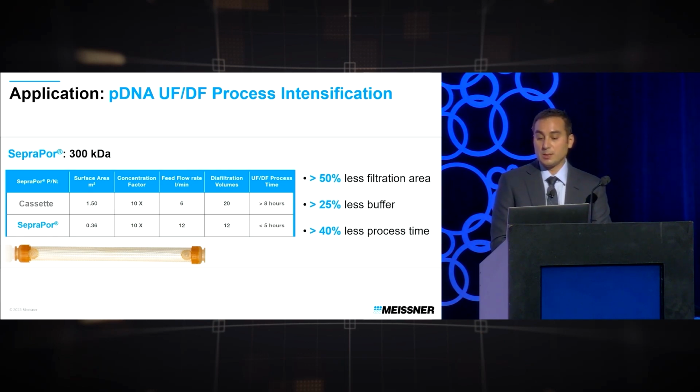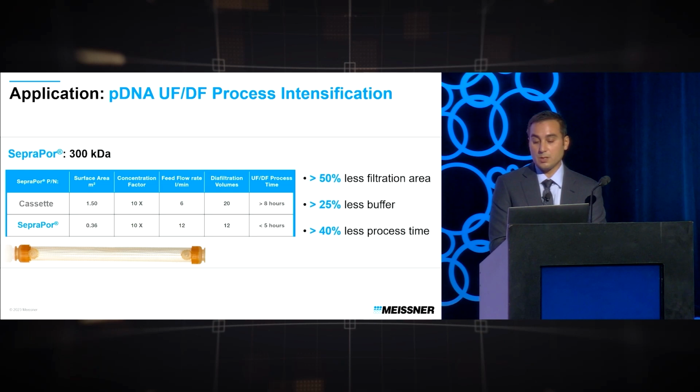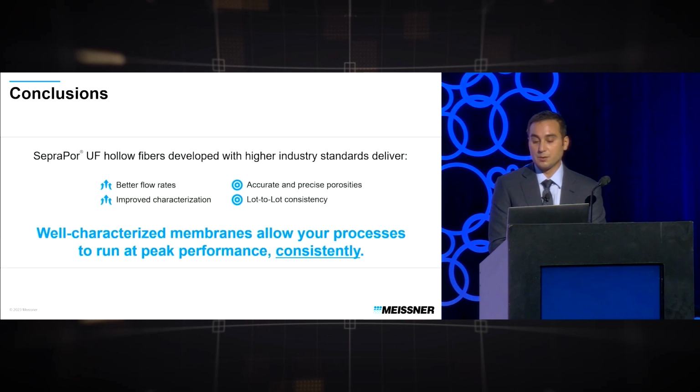So we can see that using SepRapport, with much lower surface area, operated at double the flow rate of a cassette, reduced the amount of diafiltration volumes, and reduced also the processing time to below 5 hours in comparison to 8 hours. So overall, we saw that using SepRapport allowed us to reduce the filter surface area by over 50%, allowed greater than 25% savings in buffer consumables, and reduced the overall processing time by over 40%.